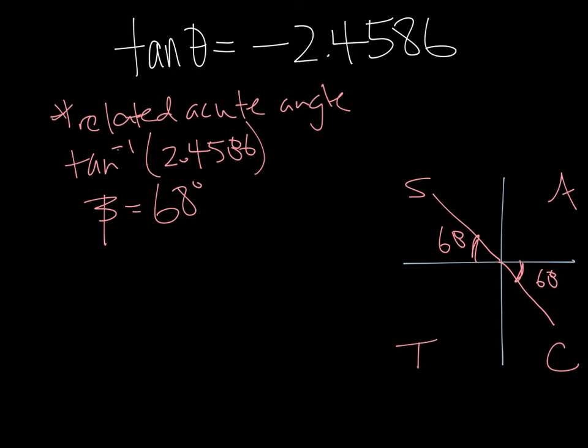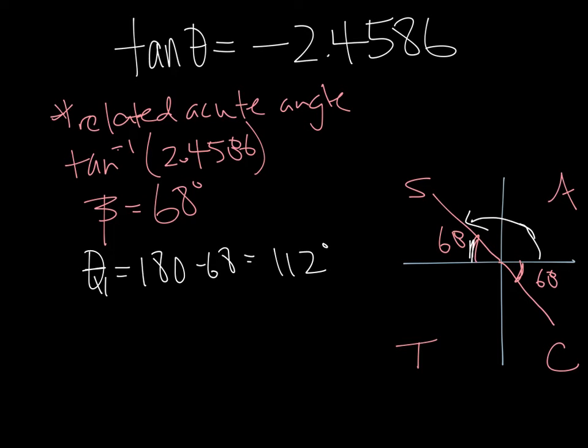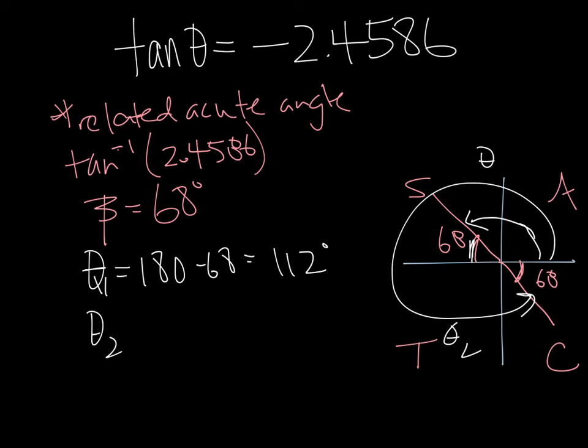Now going back to my diagram, my theta 1 then would be from here to here. So my theta 1 is 180 minus this 68, or 112. Theta 2 would be all the way around to the other terminal arm. That would be theta 2.